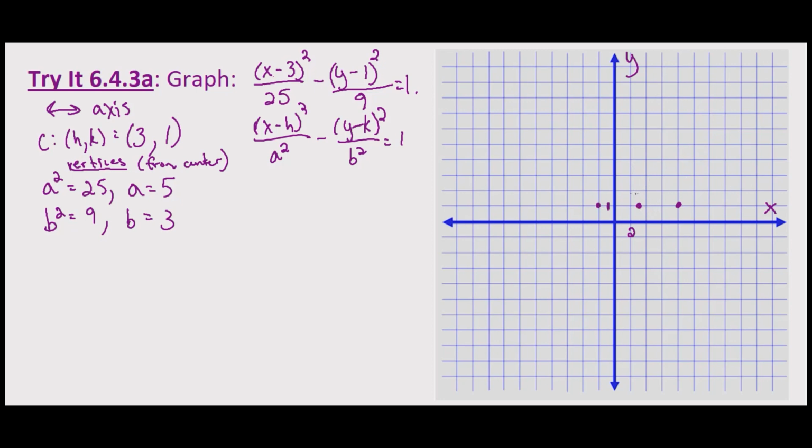And then from the center, our center is at (3, 1). The points 5 left and right are at (8, 1). And the other vertex is going to be at 3 minus 5, which is (negative 2, 1).